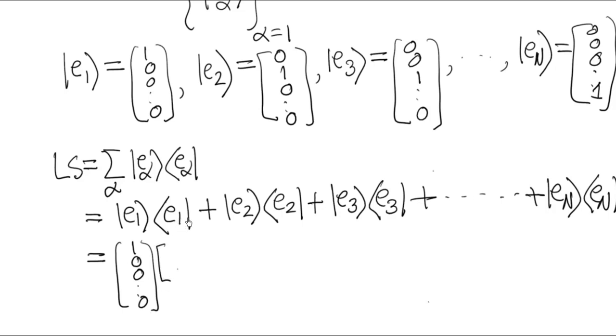And we know the bra E1 is the dagger of ket E1, which is a row matrix.